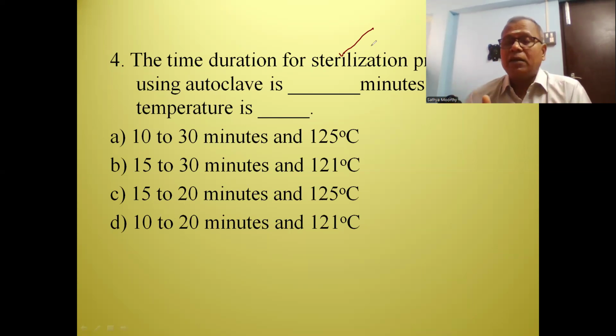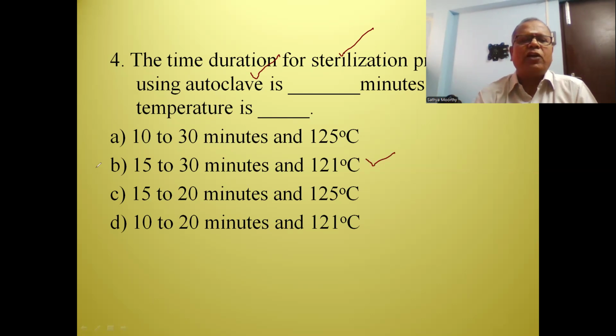The explant is sterilized by using chemical sterilants like sodium hypochlorite, calcium hypochlorite and mercuric chloride. The culture vessel and culture medium are sterilized by using the instrument called the autoclave. In the autoclave, the vessel and the medium are placed at 121 degrees Celsius for 15 to 30 minutes.